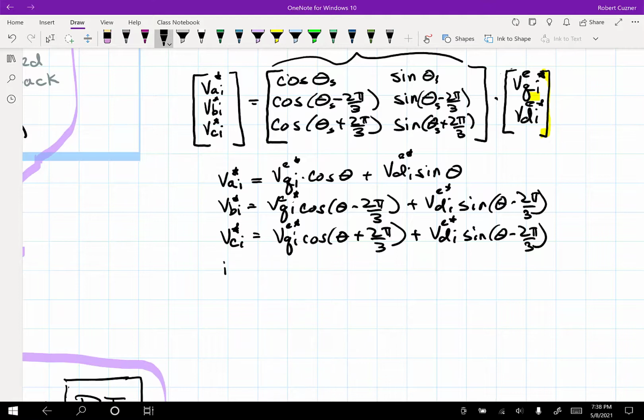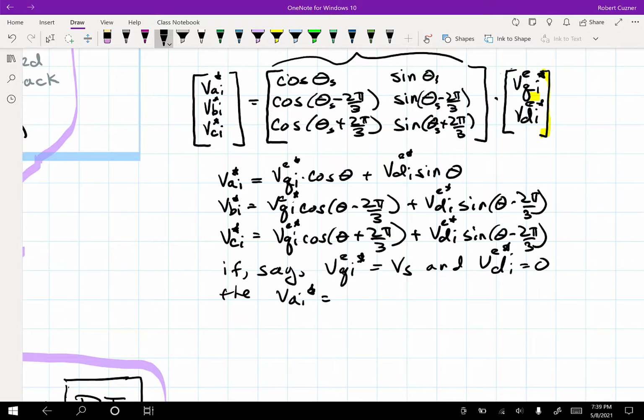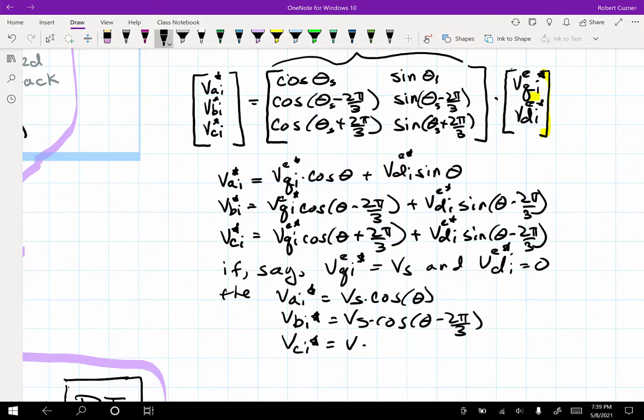And so if, say, VQI star is equal to Vs, and VDI star is 0, then VAI star is Vs cosine of theta, VBI star is Vs cosine theta minus 2 pi thirds, and VCI star is Vs cosine theta plus 2 pi thirds.